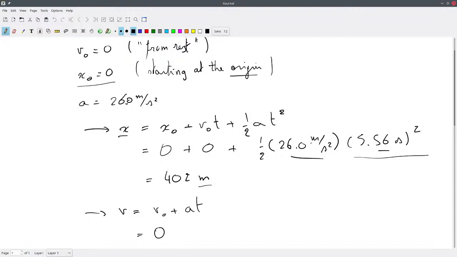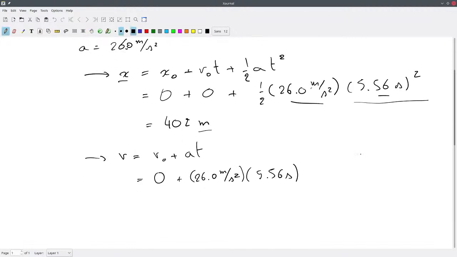So that's going to be 0 because we're starting from rest, plus 26.0 meters per second squared times 5.56 seconds, and that is, let's see, 144.56 meters per second is the answer you should get for this.